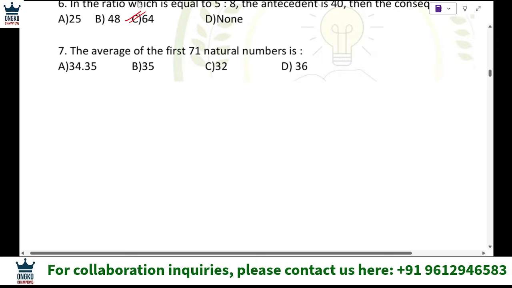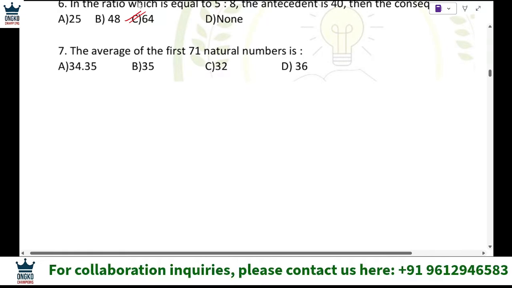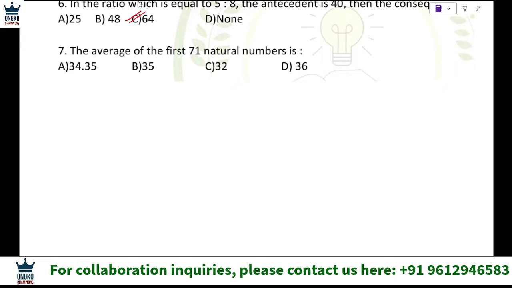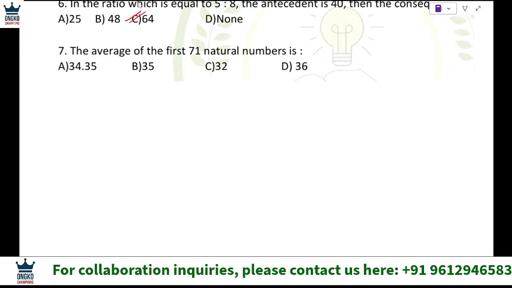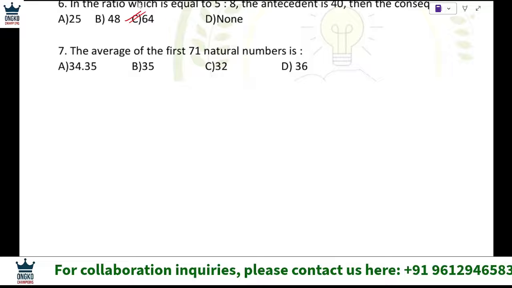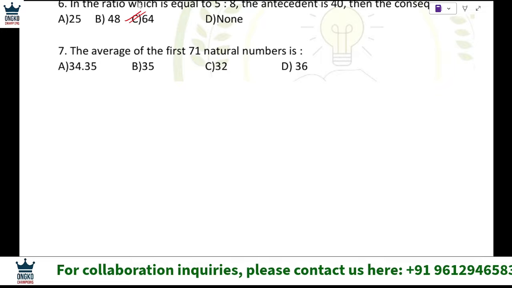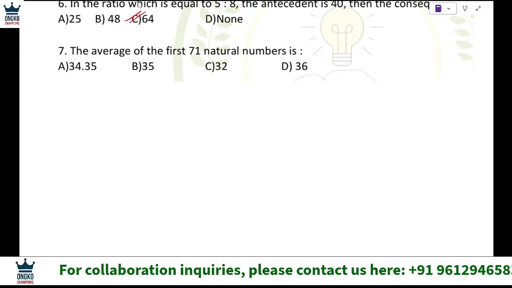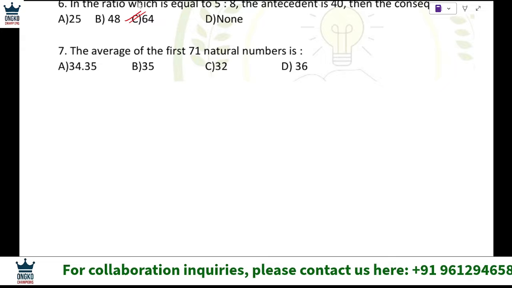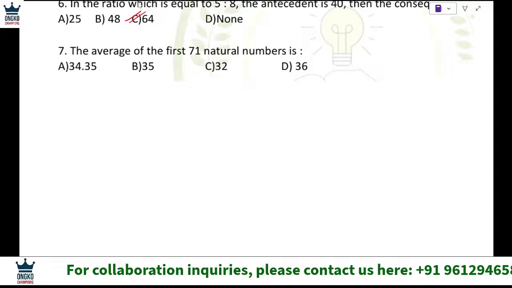So the average of the first 71 natural numbers. Natural numbers start from where? From 1, 2, 3, 4, 5, 6, 7 till infinity. Whole numbers start from 0. Integers include negatives, 0 and positives, but not fractions.